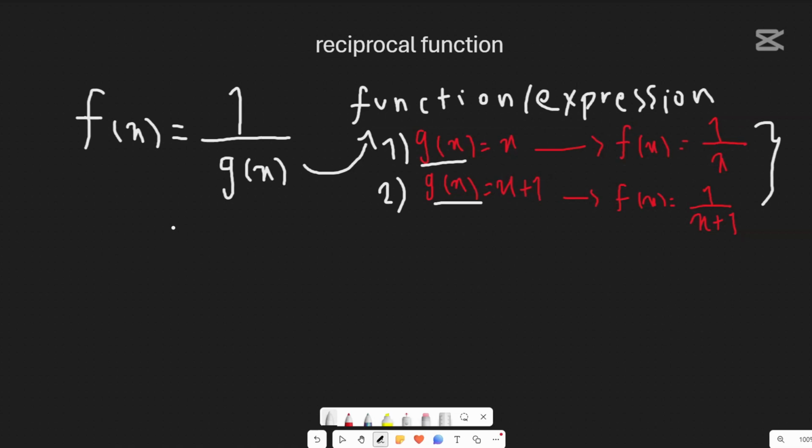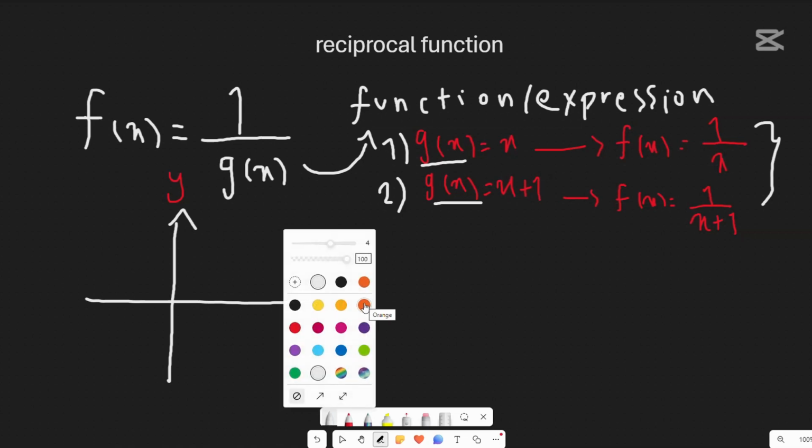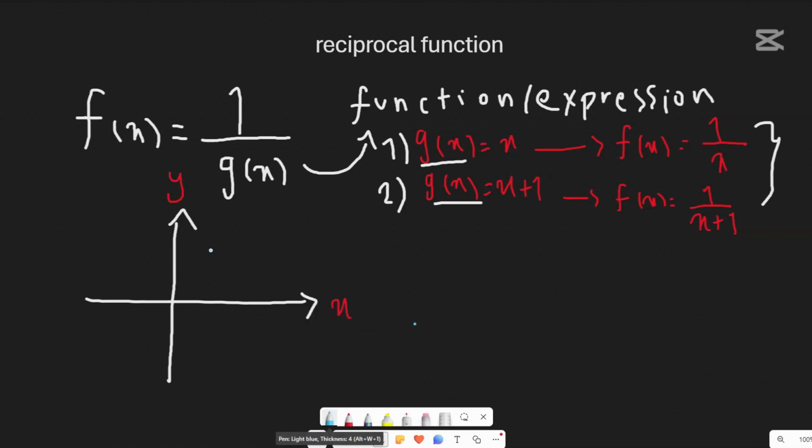The way that we sketch the function is also very simple. So if this is our Cartesian plane and this is our x, this is our y, let's use a different color actually, maybe this one. The way that we sketch the function is like this.